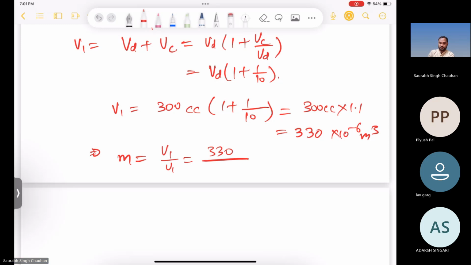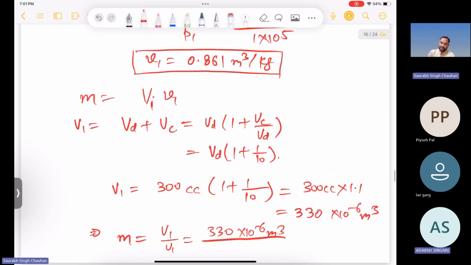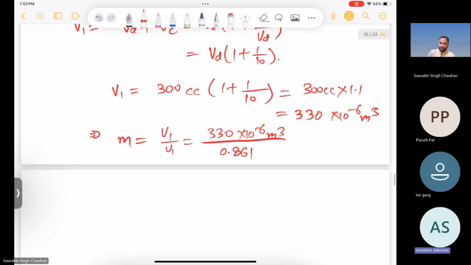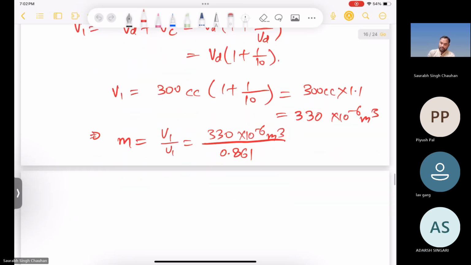So what will be the mass now? Volume divided by 0.861. The value is 3.83 into 10 to the minus 4 kg.